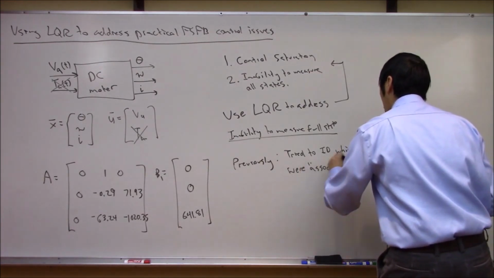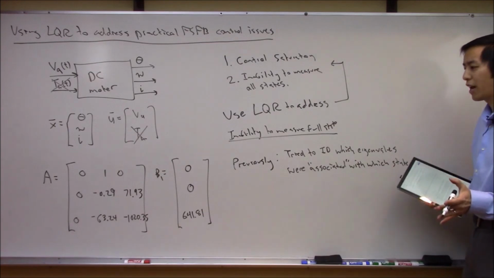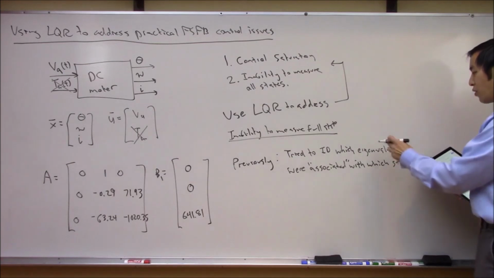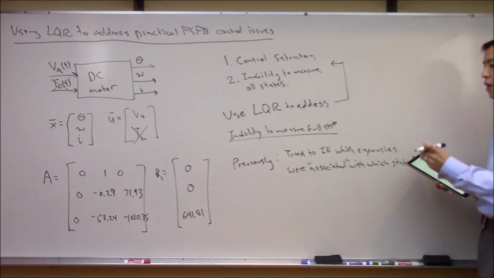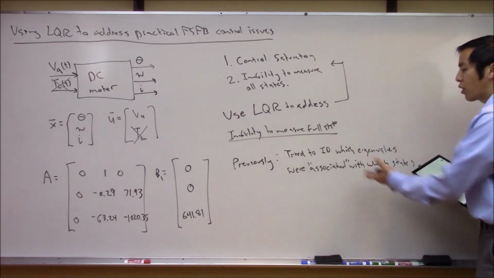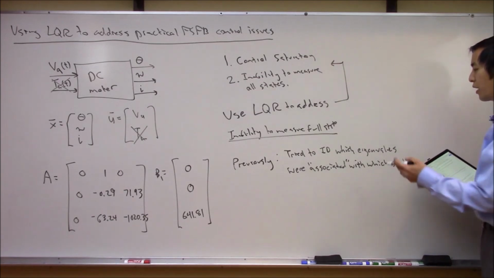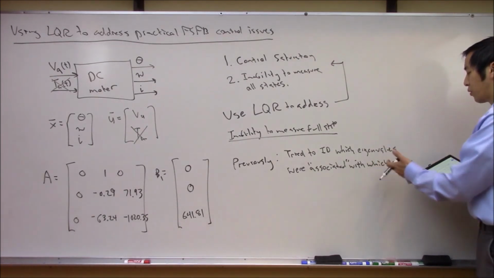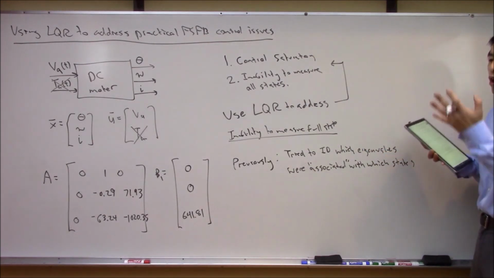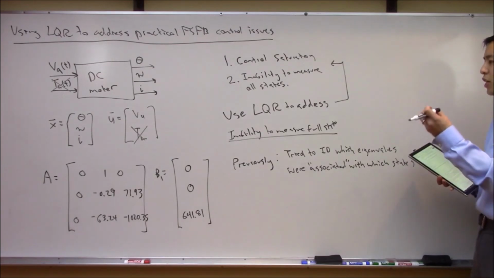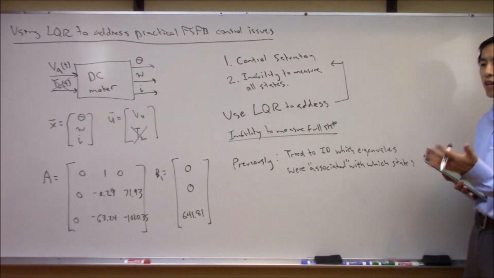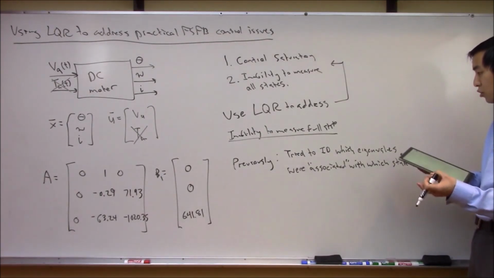Let's put the word associated in quotes, because we saw that you needed some eigenvector analysis to actually do this. For most systems, the eigenvalues are coupled to multiple states, so they're kind of tangled and you usually can't directly do this. But we tried because once we identified which eigenvalues were roughly associated with which states, we only tried to move those poles, or eigenvalues, in the hopes that it would yield a control system which didn't require you to measure all of the states, only to use the states which you could directly measure.